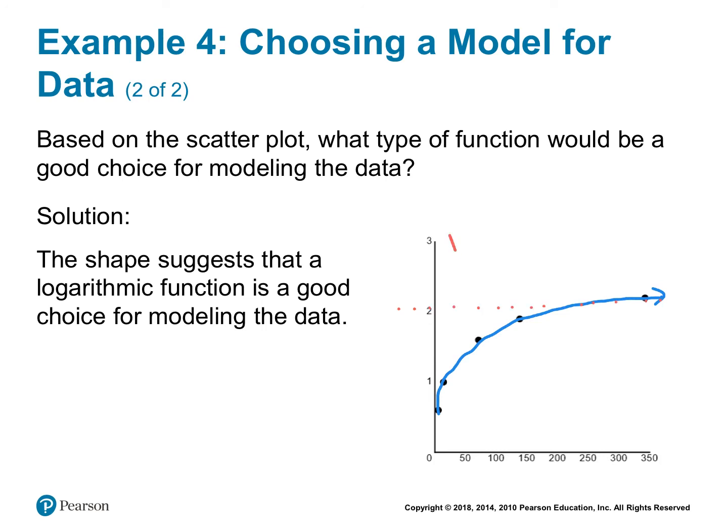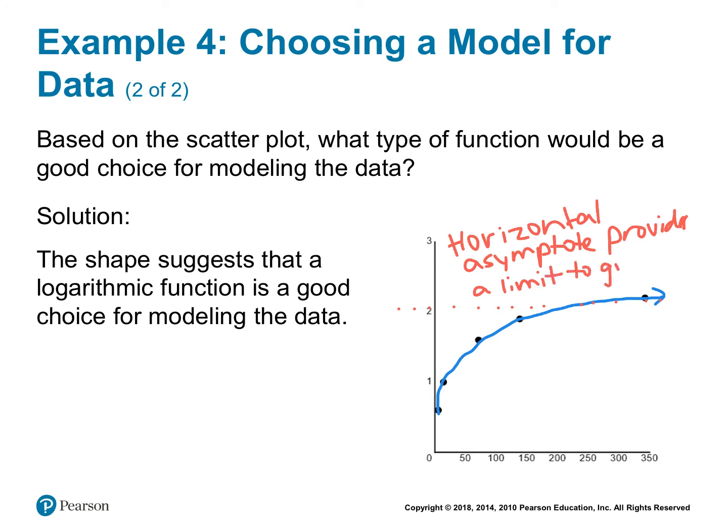So this is a horizontal asymptote. And it provides a limit to the growth. So that's why a logarithmic function is going to be good for this one.